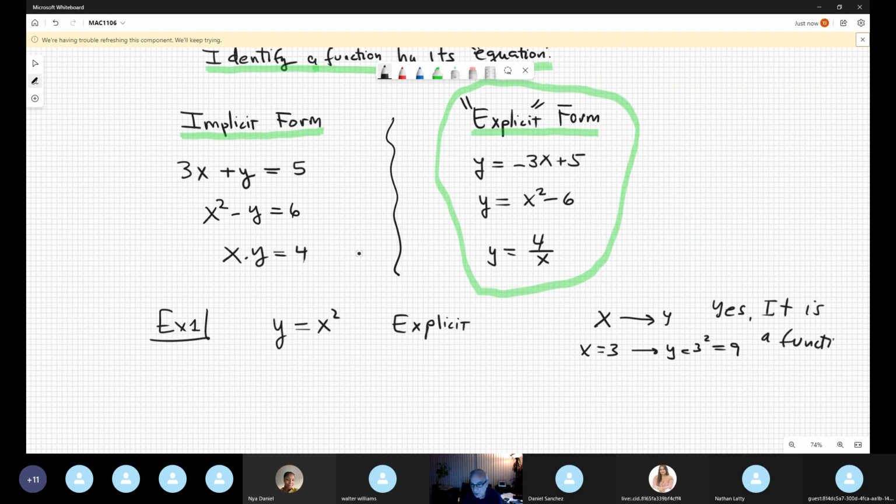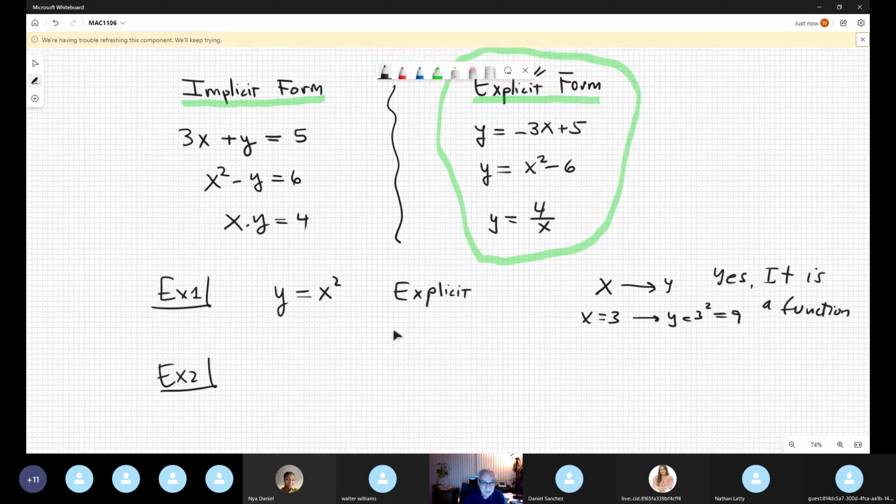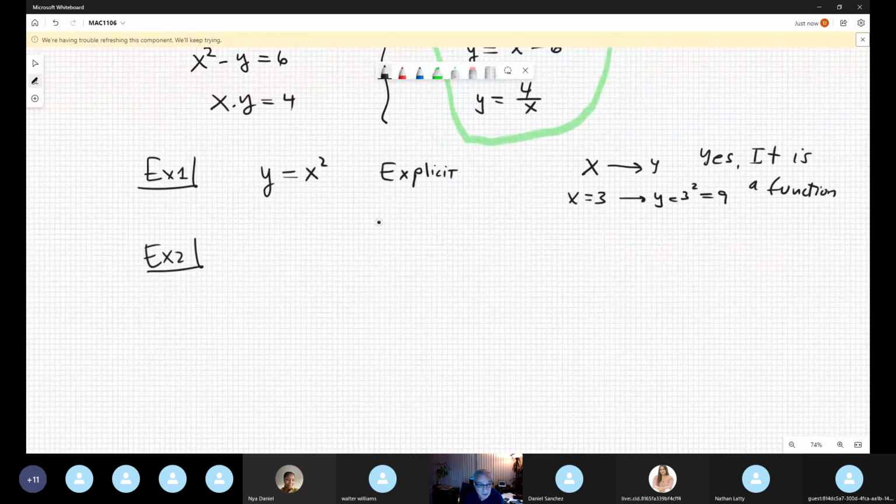However, let me put a counterexample. Example 2, which is similar but not exactly the same. Suppose x is equal to y squared. Question number 1: is this equation expressed in implicit or explicit form? Implicit, very well, because y is not isolated.